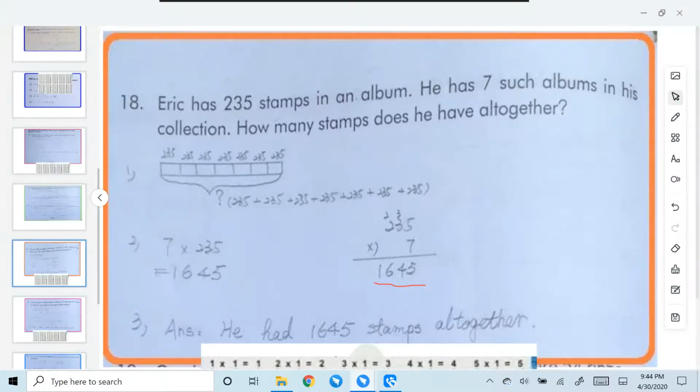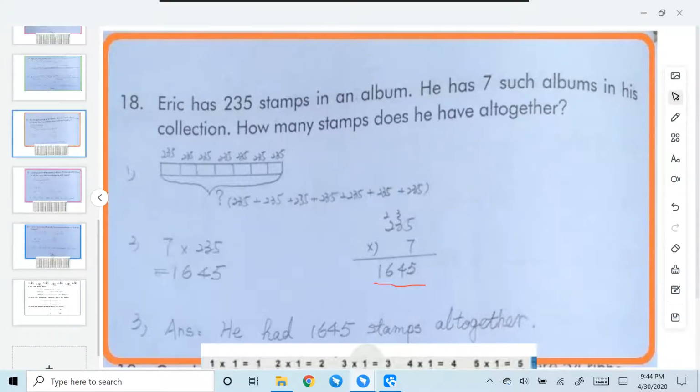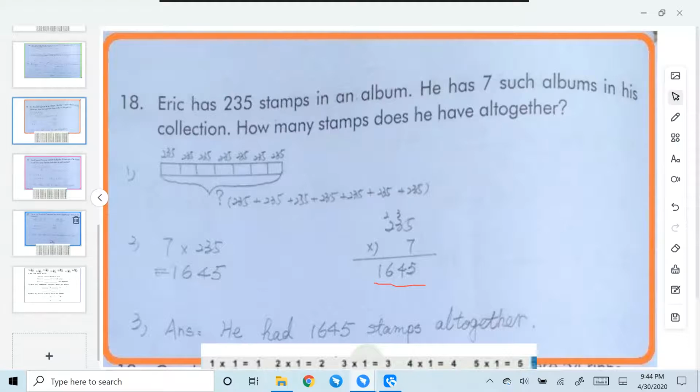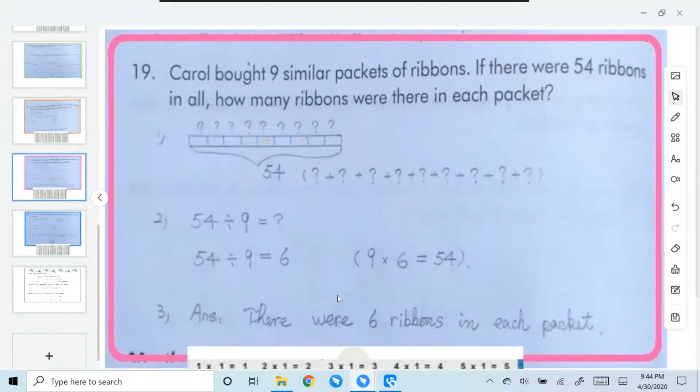Let's look at number 19. Question number 19. Carol brought 9 similar packets of ribbons. If there were 54 ribbons in all, how many ribbons were there in each packet?